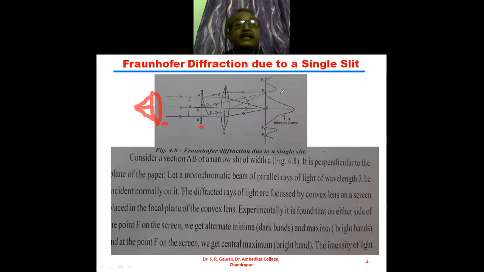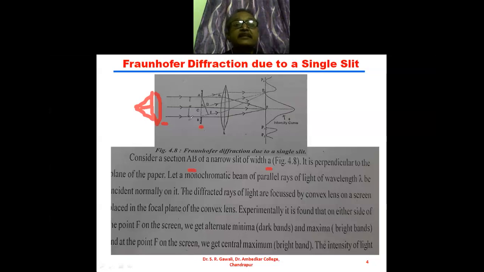So here the distance of the diffracting obstacle and the source of light, and the screen, both are at infinite distance. Consider a section AB of a narrow slit of width a. Width is a.